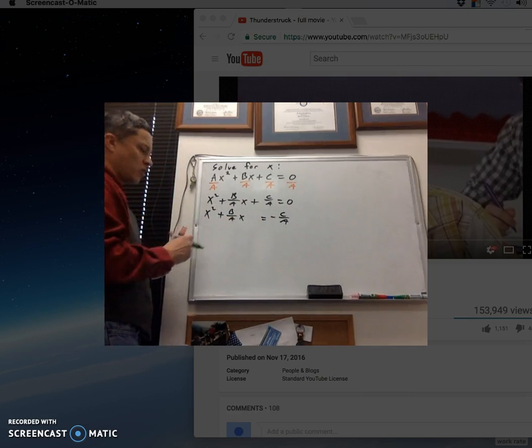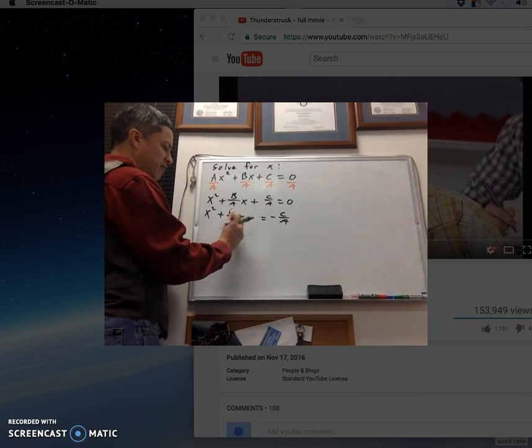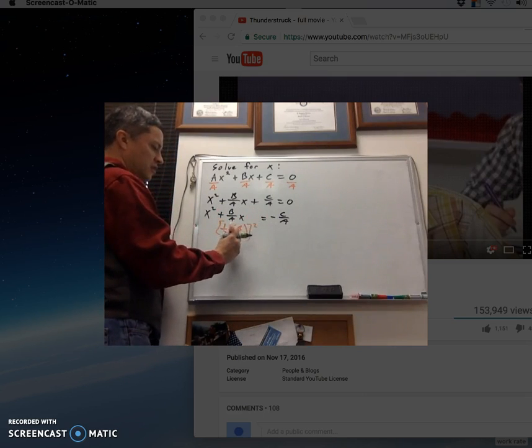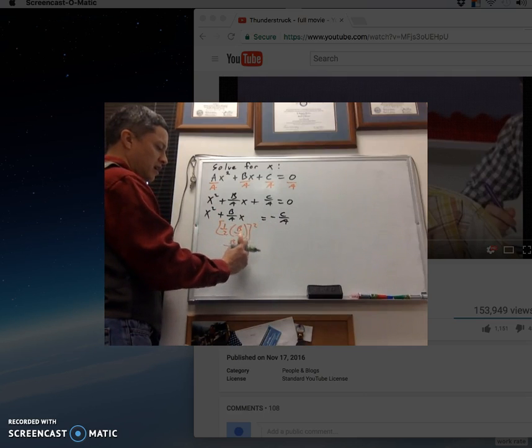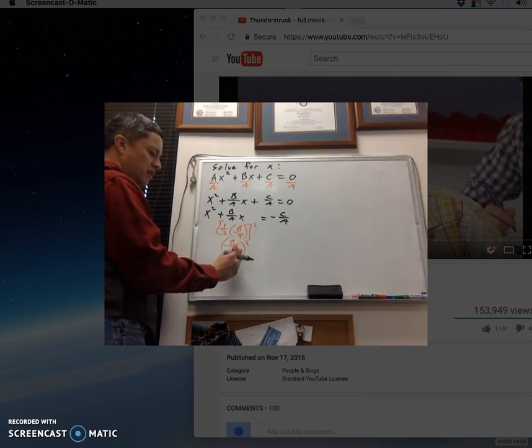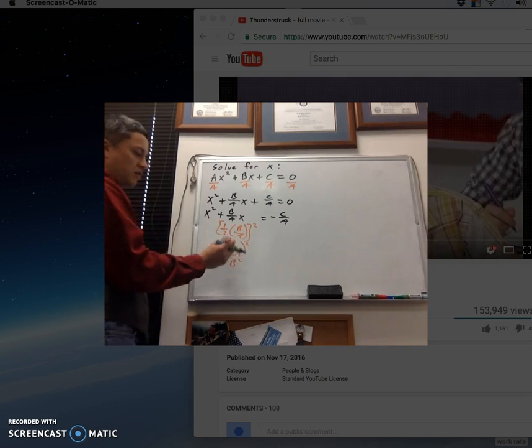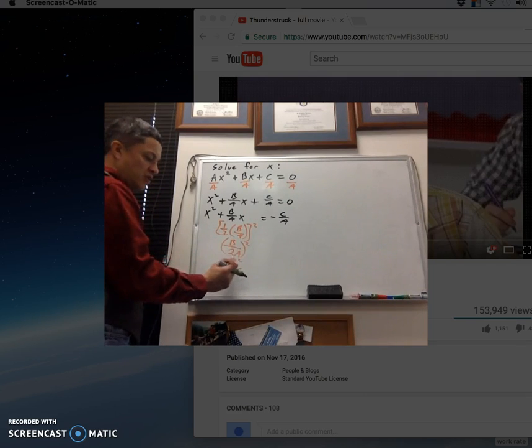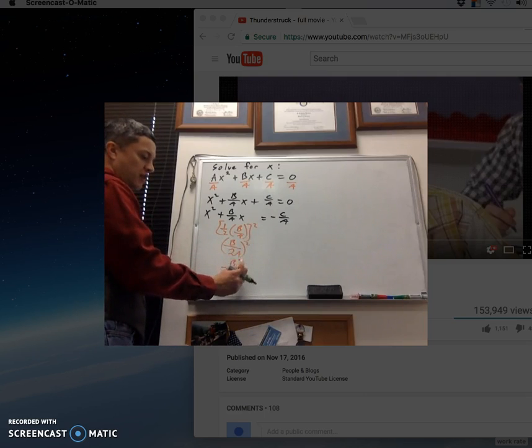Now I need to complete the square here. So I'm going to take half of my b over a, and I'm going to square that guy. So that's going to be b over 2a, quantity squared, b squared, and then we'll square the 2, that's going to be 4. We'll square the a, that's going to be a squared.